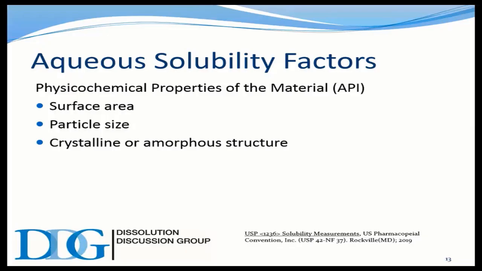Obviously the particle size, but the distribution of the particle size is sort of a minor detail, but you should be aware of that. No, that's a good point. You're talking about if the API is many different sizes, or are you talking about the distribution of that API within a drug product?